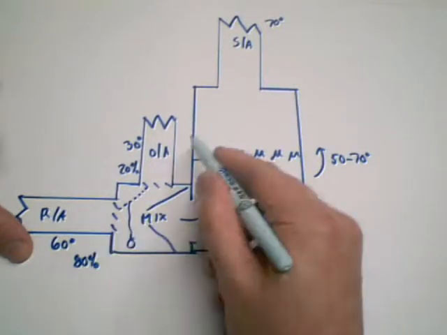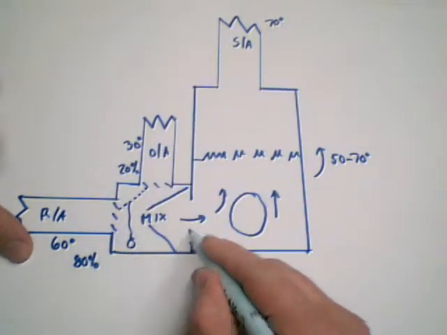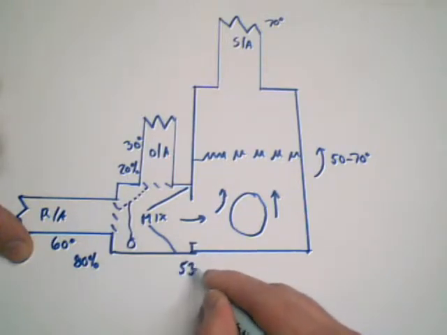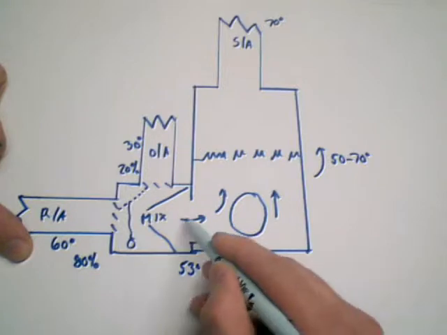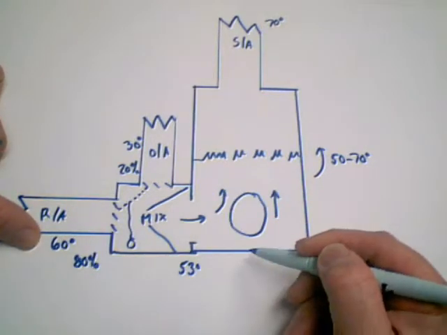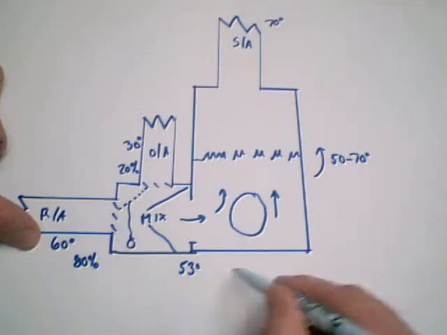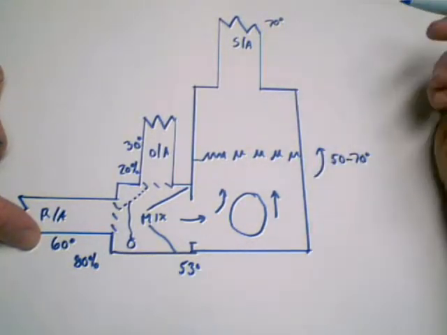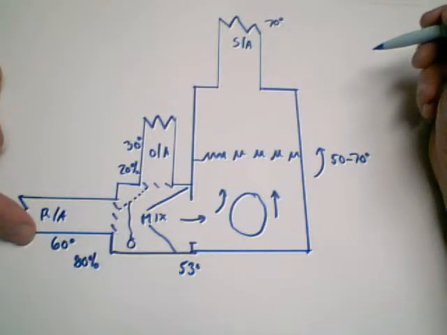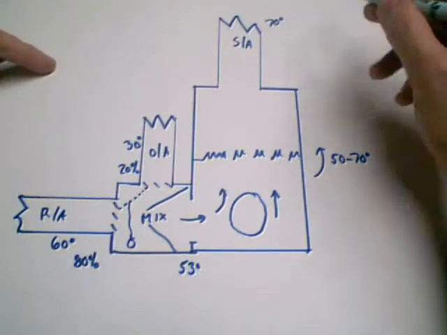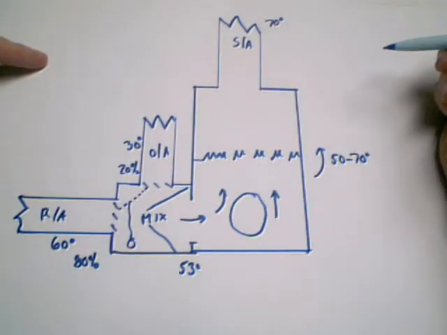That's going to give us roughly, if you do the math and the algebra on this, about 53 degrees or so of a mixed air that's going to be coming in here. Okay, so it's slightly cooler than the return air, but it has a 20% outside air content. And then that will be boosted up by 50 to 70 degrees, and out it goes at 103 to 123 degree temperature. So that's kind of the basic ducting system of the commercial furnace.